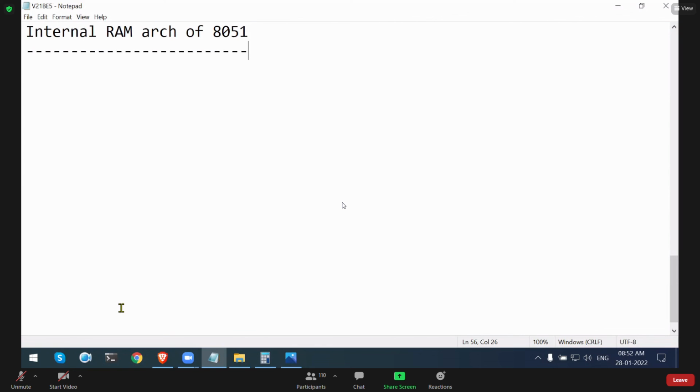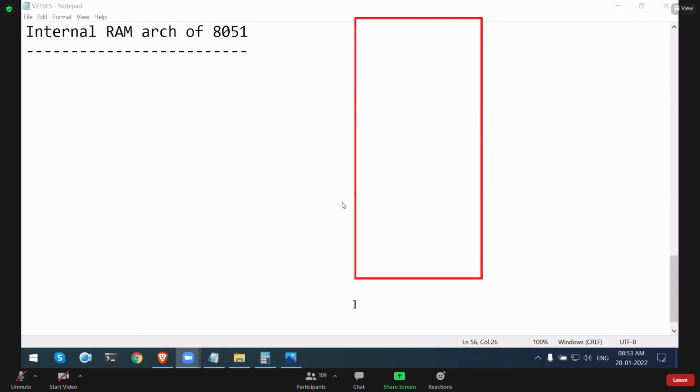Okay, as we discussed earlier, your 8051 internal RAM is divided into two parts.